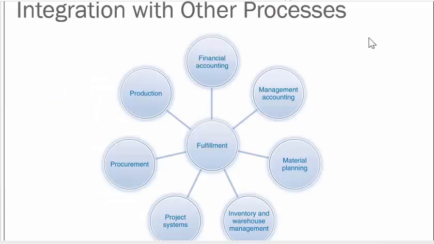One very good question that Noof was asking the group on production is integration with other processes. And as you can see, sales and distribution is tied to so many other modules. Of course, every single module will see financial accounting, because every single module will handle money some way.